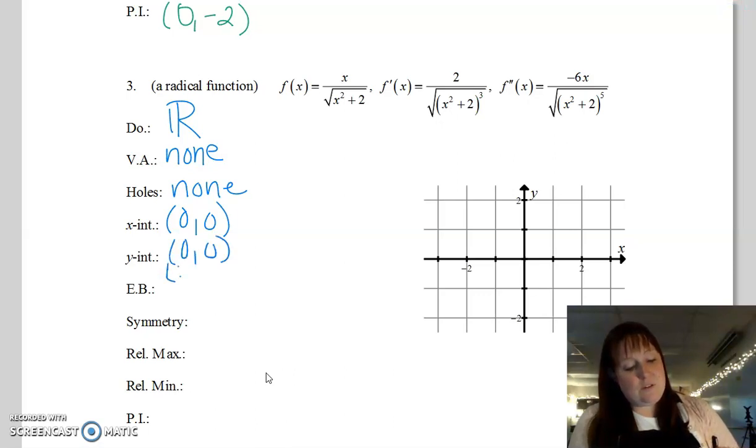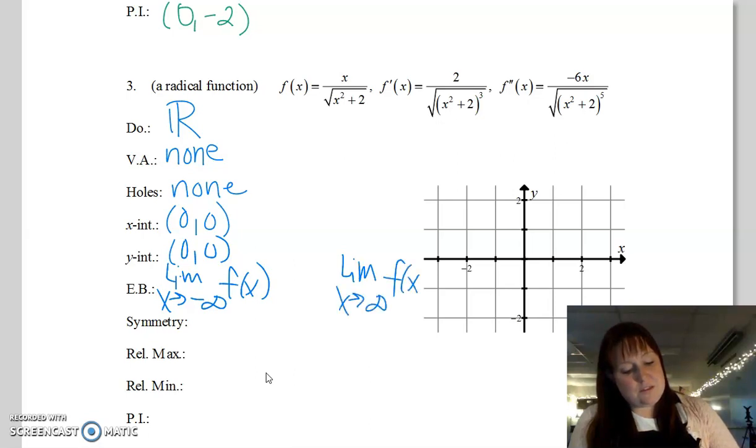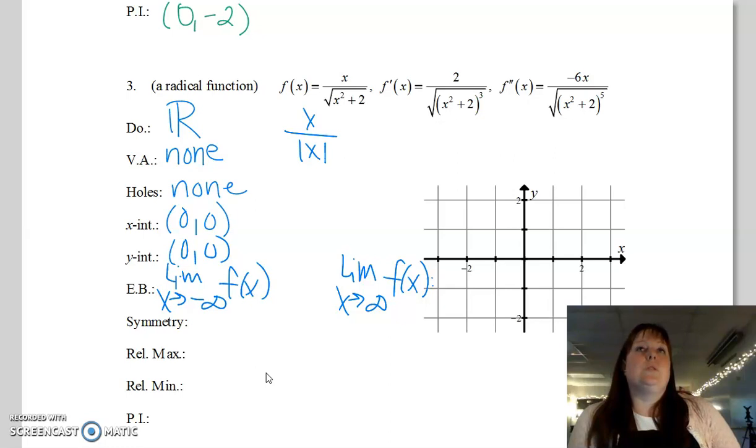Our end behavior is the limit as x approaches negative infinity of f of x, and the limit as x approaches infinity of f of x. Well, remember, this is basically like x over absolute value of x, right? Because the square root of x squared is the absolute value of x. It's just basically the positive version of x.